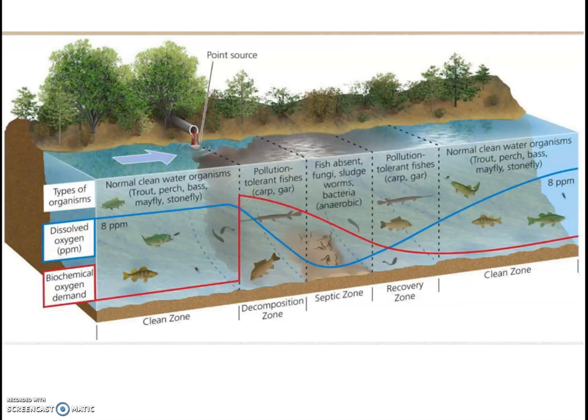So we'll have that huge use of stuff that the algae, and then we get to that decomposition zone, and you notice as this rises, this dissolved oxygen follows a little bit behind it, and that drops way low. And then as we move further down the stream, the biological oxygen demand is going to go down. It's going to allow the dissolved oxygen to repair itself.